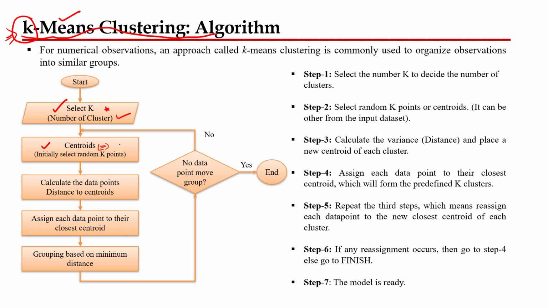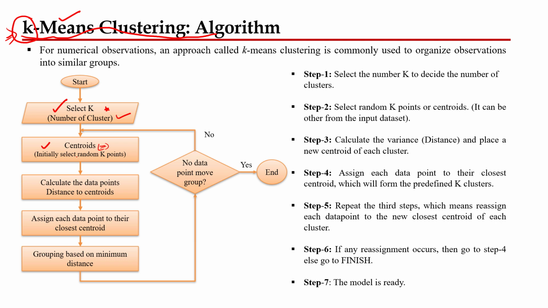One point is going to be considered the cluster 1 center point, another point the center point of cluster 2, and so on. It could be within the given data points, or it could be outside them. It's up to you to take any points initially as a center point.